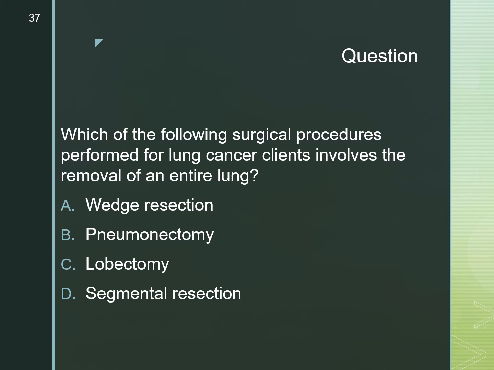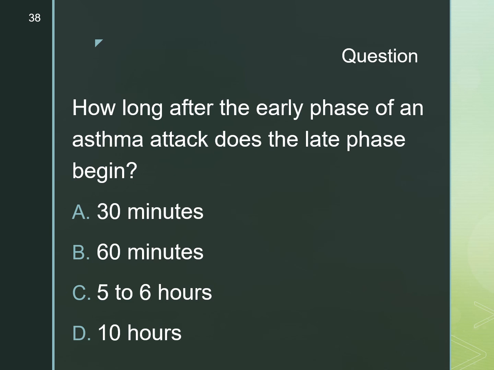This is the pneumonectomy. That removes the entire lung. The lobectomy removes just one of the lobes. How long after the early phase of an asthma attack does the late phase begin? And this is not something we discussed, so I really don't expect you to know it. The correct answer is C, 5 to 6 hours.